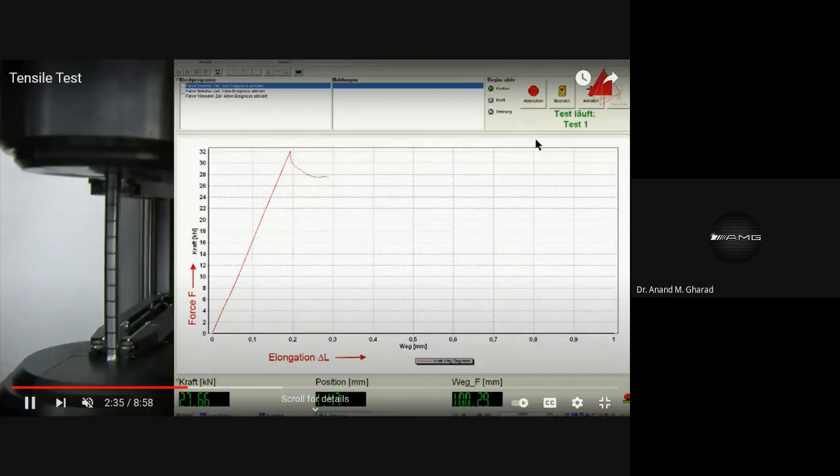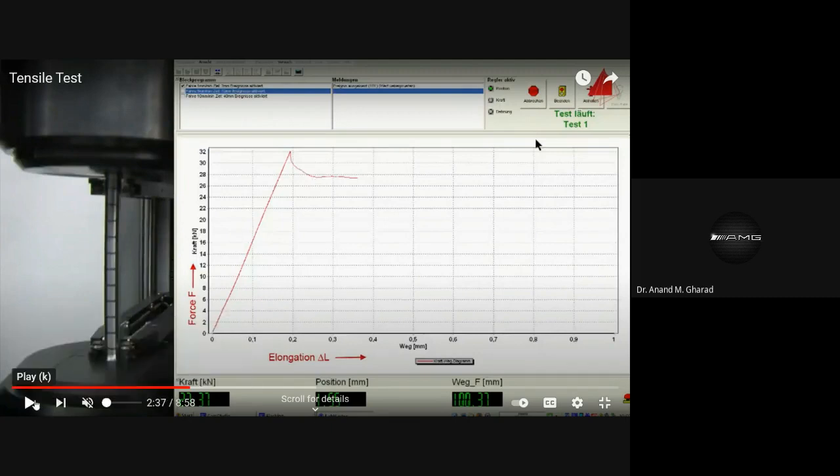And now you can see what has happened. After a certain point, this linearity is lost, and with the further increment in the elongation, the force reduced. Okay, you can see, right?